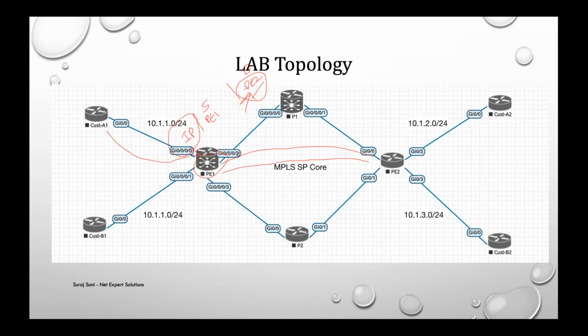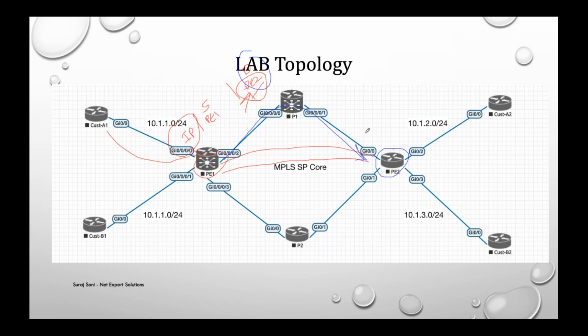So this is your data path, and this data path will be forwarded based on your MPLS label for the remote PE. So if the label is missing in between in your MPLS cloud, your MPBGP packets will not get delivered, so your customer may not be able to reach the other side.